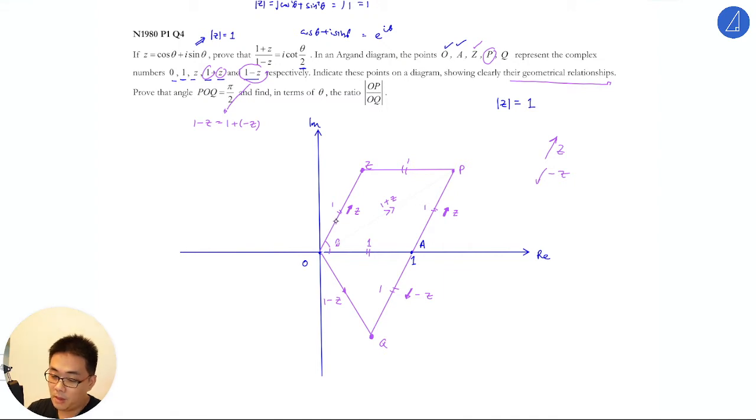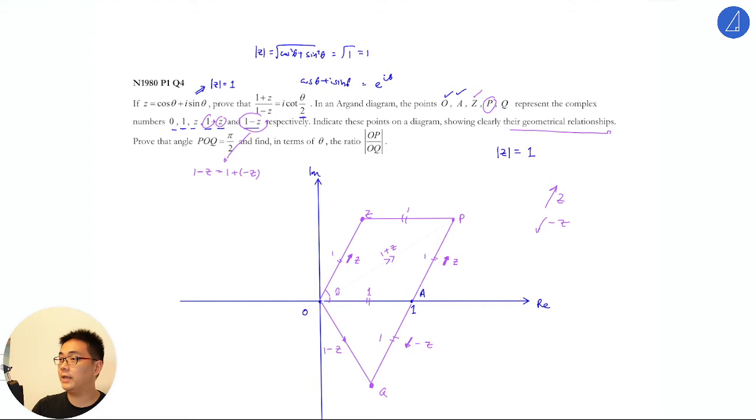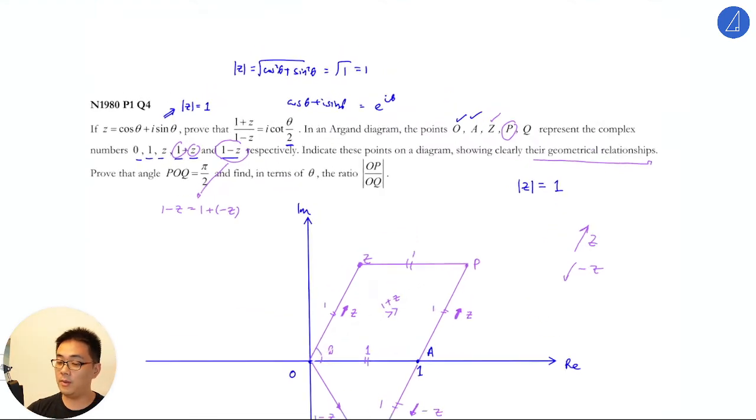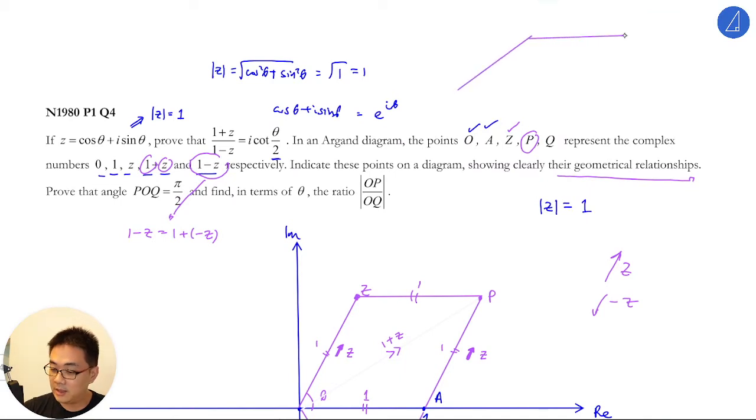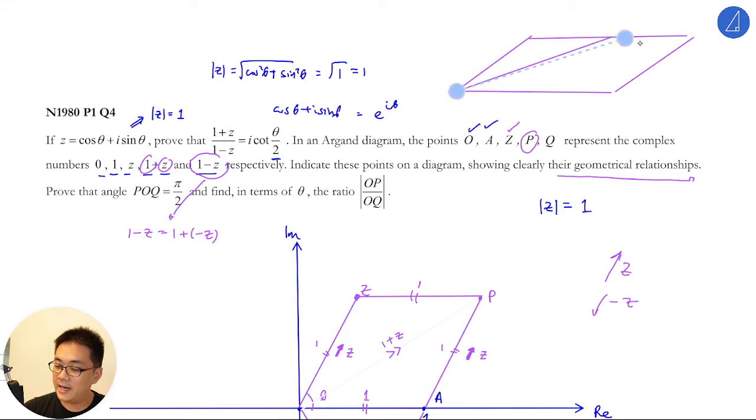Rhombus meaning the diagonal bisects the interior angle. You all understand that, right? So I repeat, only a rhombus will have diagonals that bisect the interior angle. A parallelogram, no. If you have a parallelogram like this, let's say it's like that, this diagonal may not bisect the angle.